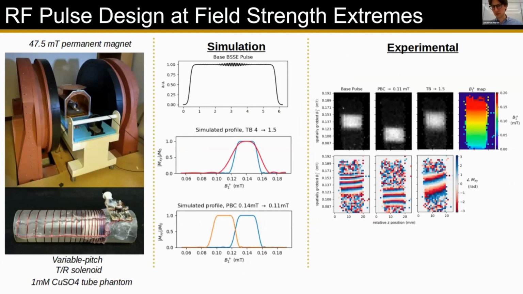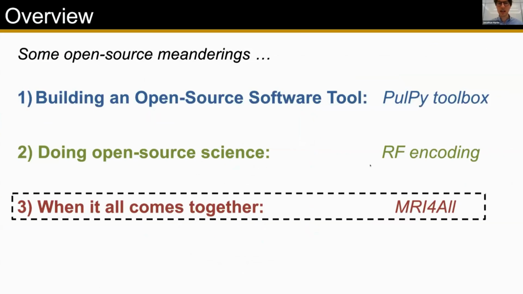And we're just able to use them for slice selection, so just showing some experimental slides for that. And so, okay, we built this one tool, we are able to actually apply it for doing new science, creating new things.